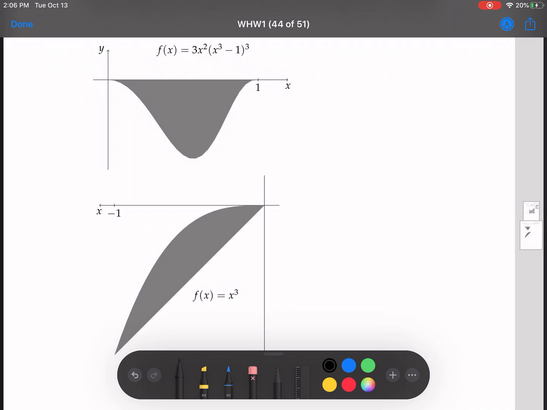All right, so let's start with this top one here. And we'll say the integral from 0 to 1.